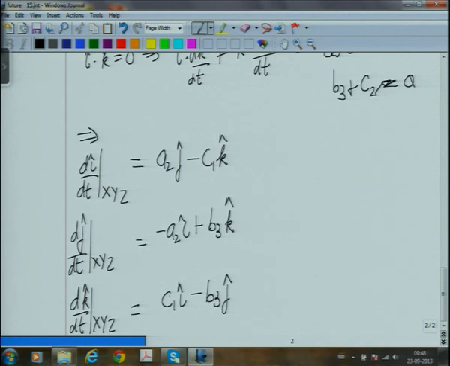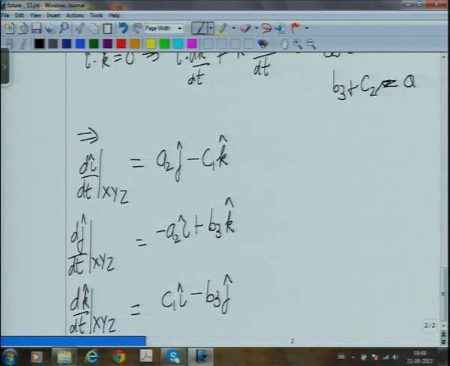So what I have done is I have replaced everything in terms of a2, c1 and b3. So that means we have only 3 unknowns instead of 9. We started with 9, still we do not know what are a2, c1, and we do not care, but this is what we get.